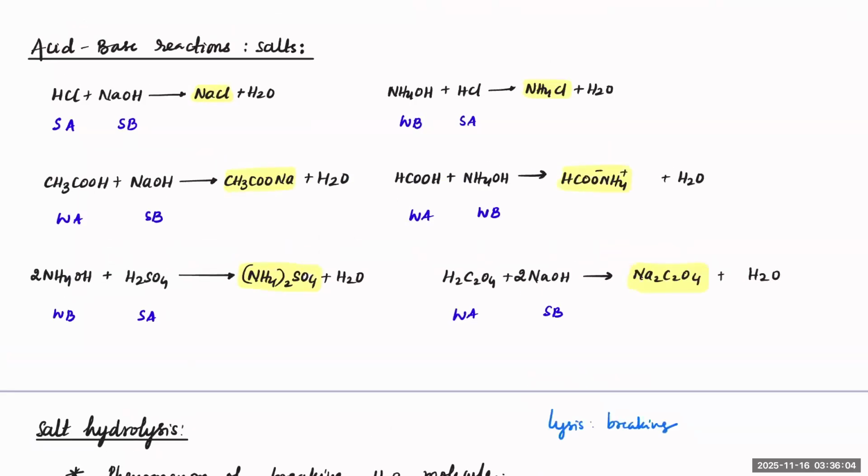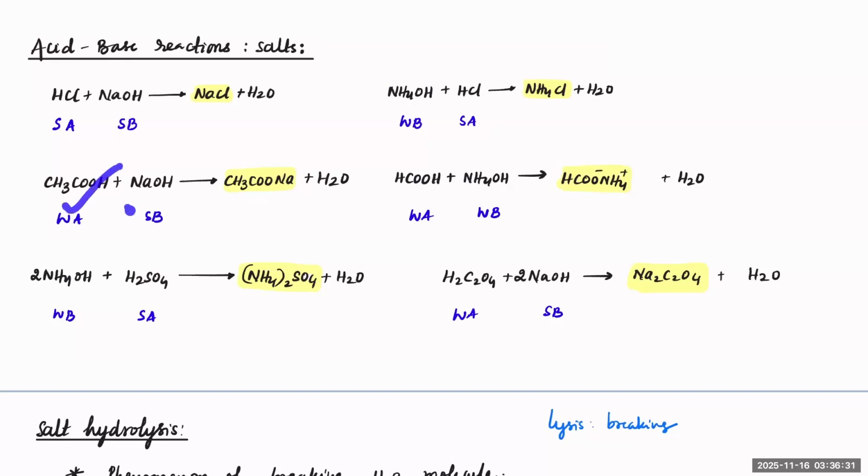Suppose I'm talking about an acid-base reaction, correct? Acid-base reactions will always lead to the formation of salts. For instance, if I take HCl and add NaOH, we expect NaCl and water, salt and water. Likewise, if I have a weak base like ammonium hydroxide and HCl, here also I'll expect the ammonium chloride salt.